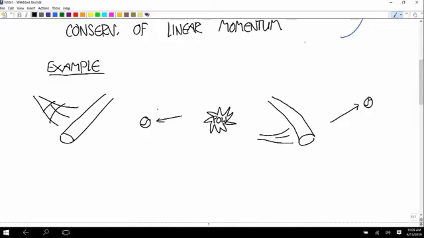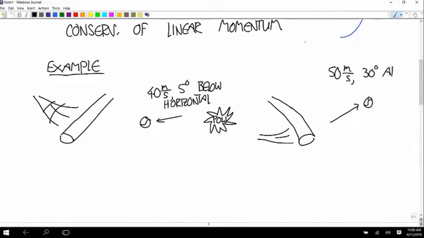So before the collision, we'll say that the ball has a velocity vector of 40 meters per second, 5 degrees below horizontal. And after the collision, it's moving at 50 meters per second, 30 degrees above horizontal.